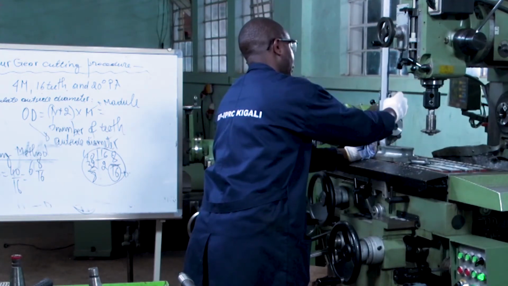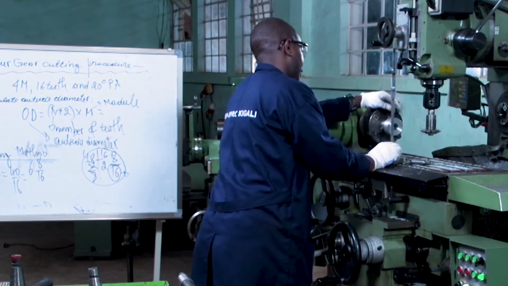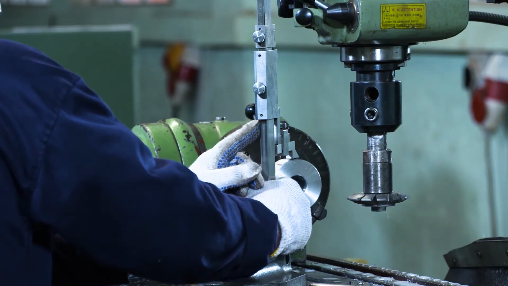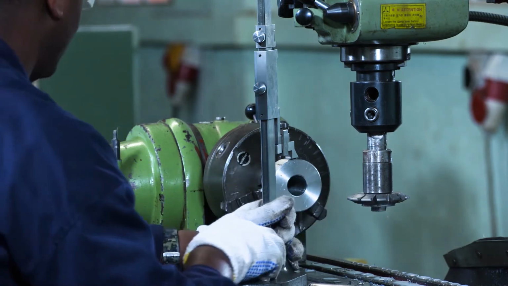I think you know how to use the vernier height gauge. 160 millimeter. We have to subtract half of this workpiece to find where the center is.